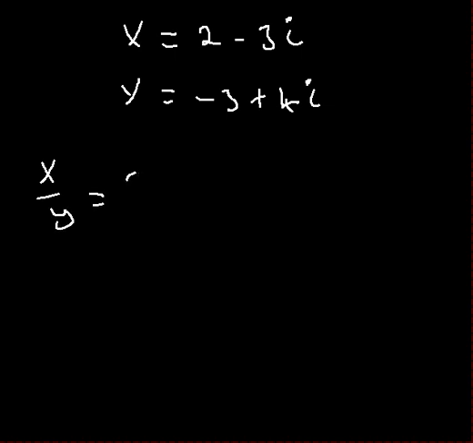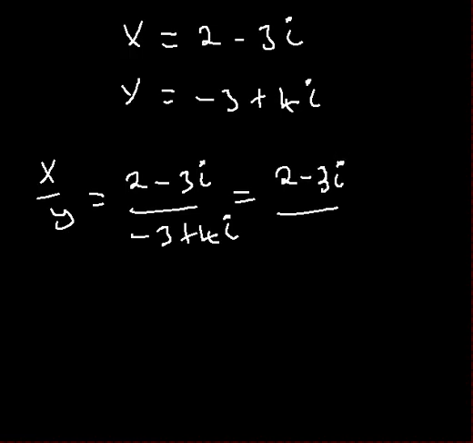Let's say we have the two complex numbers x equal to 2 minus 3i, and y equal to negative 3 plus 4i. The division of the two expressions, x over y, is the same as 2 minus 3i over negative 3 plus 4i, times the conjugate of the denominator, which is negative 3 minus 4i over negative 3 minus 4i.